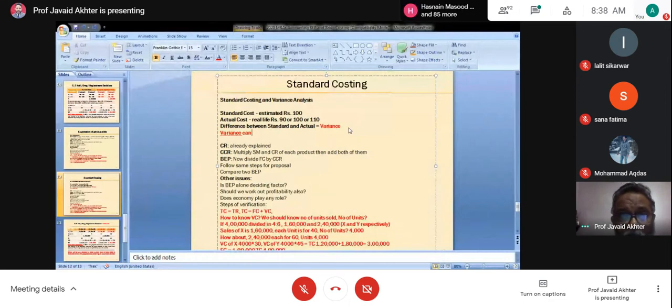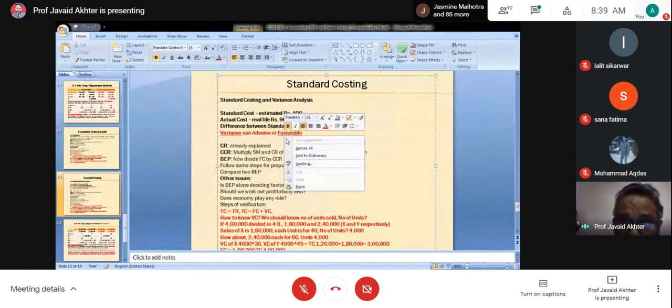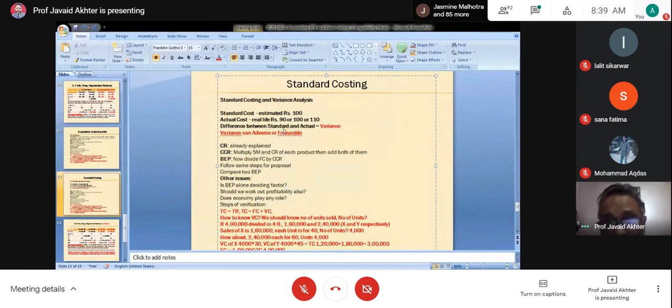Now variance can be of two categories: adverse or favorable. What will be the adverse variance?